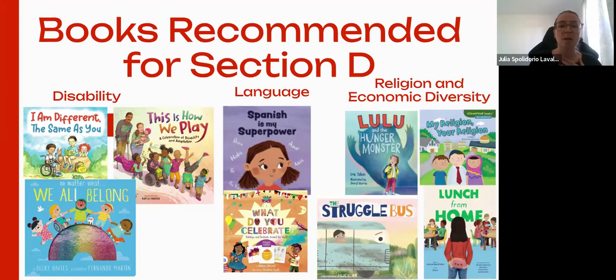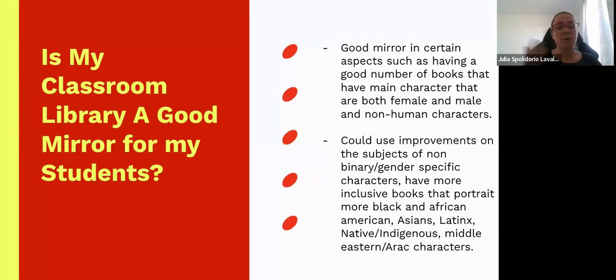Now the questions that we were also asked to answer was if my classroom is a good mirror for my students. I do believe that my classroom has some good aspects for certain things. For example, I think we do have a good gender diversity, which is I have a good number of books that have main characters that are both female and male characters.